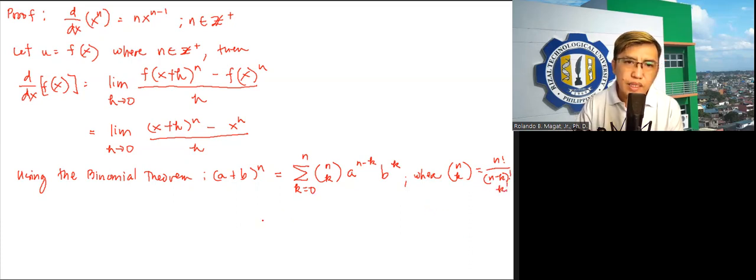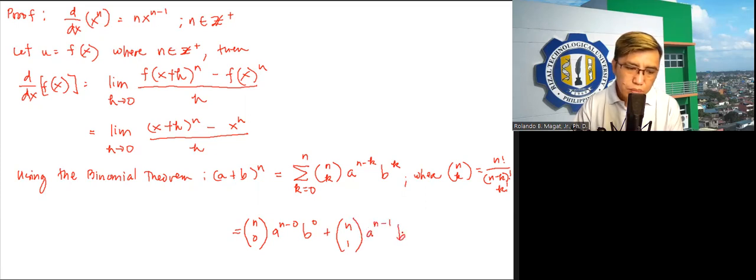Yan yung formula natin. Which implies that when we expand this formula, what we have is n choose 0, the first term. We have here a raised to n minus 0, b to the 0 power, plus n choose 1, a raised to n minus 1 times b raised to the first power, plus and so on, up to n.